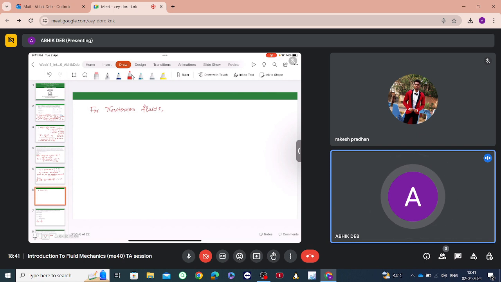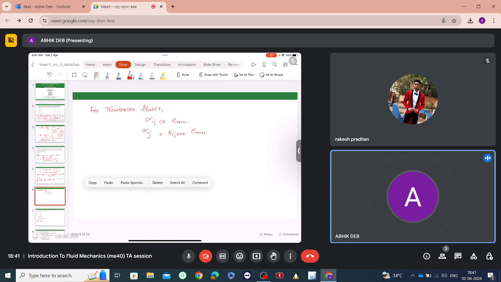Okay, for Newtonian fluids, this sigma ij, that is the stress, is proportional to the strain, the shear strain. We can write it as sigma ij is equal to Kijmn emn.